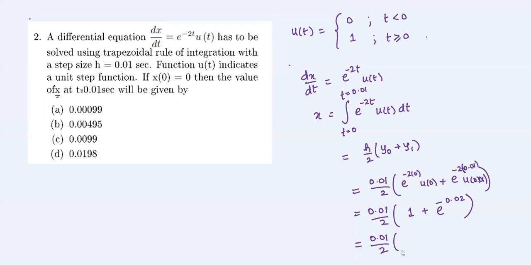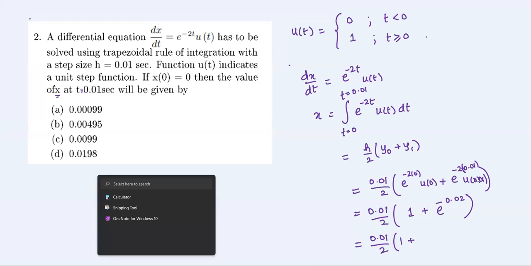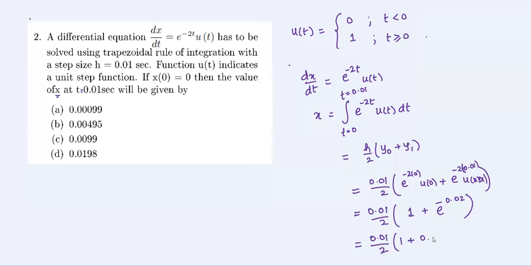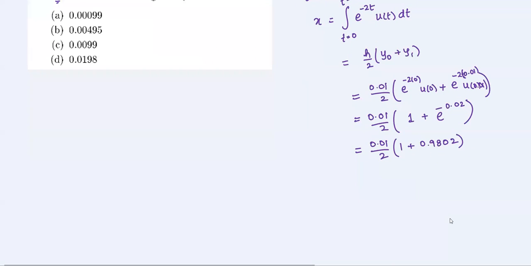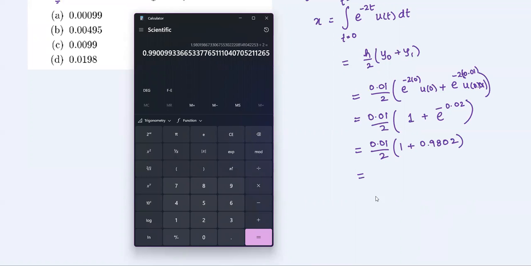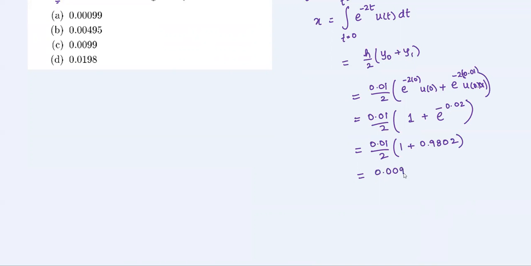So 0.01 upon 2 times (0 plus 1 times e raised to the power minus 0.02). Let us calculate: it is 0.9802, which we will approximate. Plus 0, divided by 2, multiplied by 0.01, we get 0.0099.